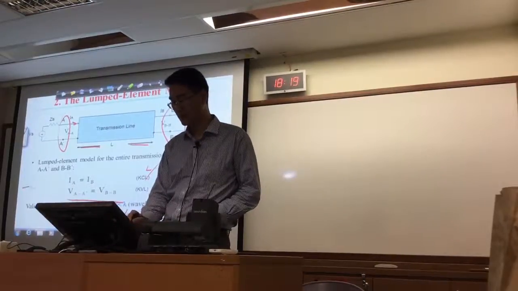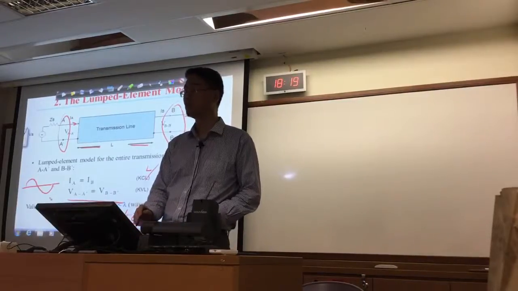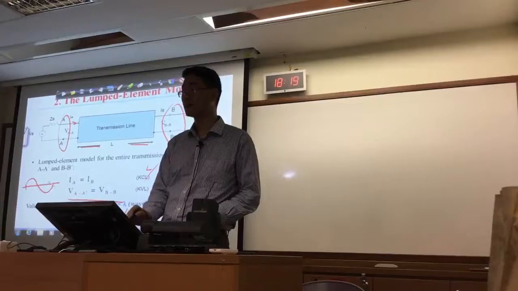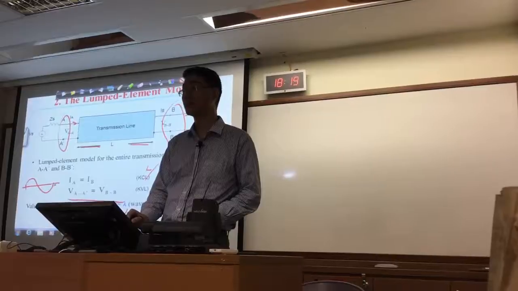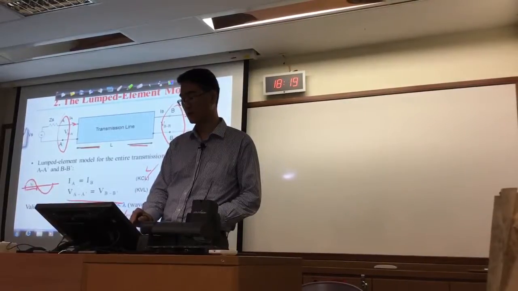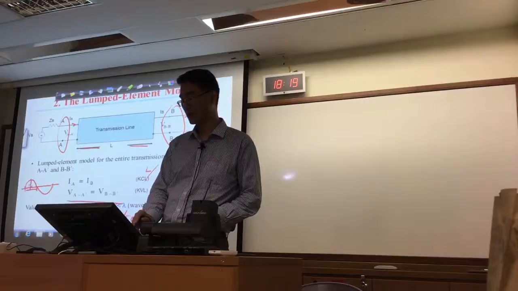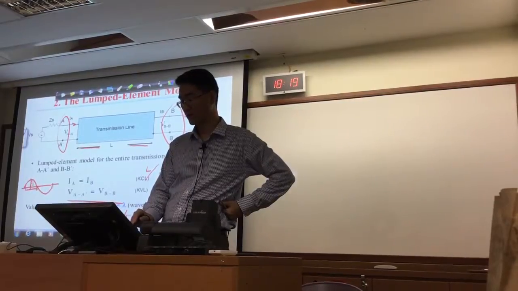On the other hand, we understand this waveform, this is one period, corresponding to 360 degrees, also one wavelength. Half wavelength means 180 degrees, and 90 degrees corresponds to quarter wavelength.